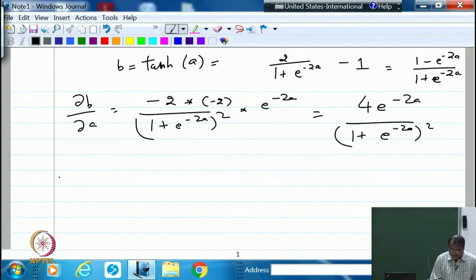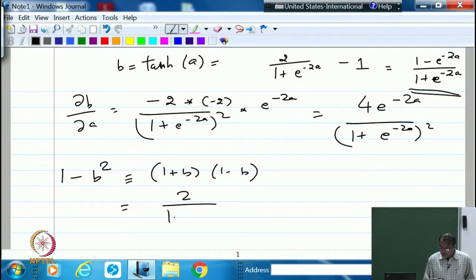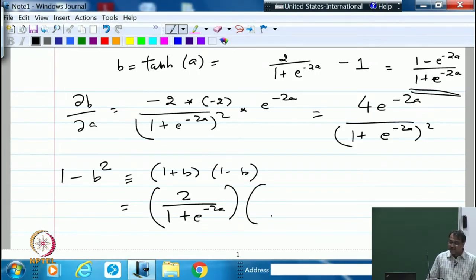So let us check. Okay, what is 1 minus b square? If it is 1 minus b square, it should be the same as 1 plus b into 1 minus b. And what is b here? Let us use the second definition of b, it will make our life easier. So what is 1 plus b? 2 upon 1 plus e to the power minus 2a. And what is 1 minus b?